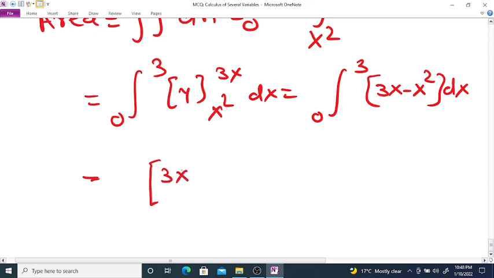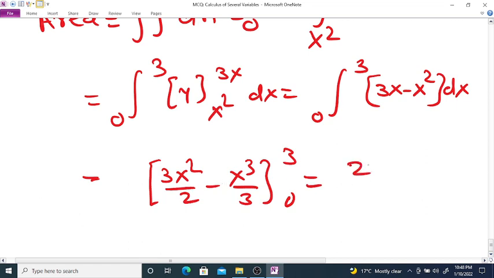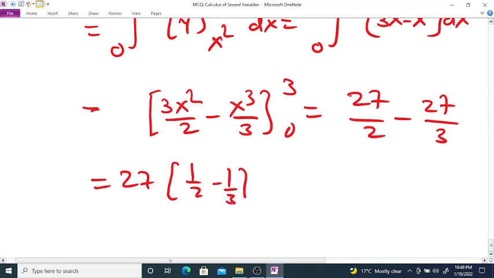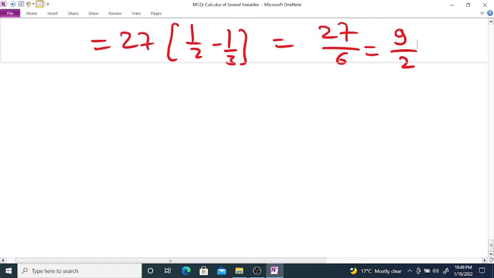So this is 3x square divided by 2 minus x cube divided by 3, with limits from 0 to 3. So this is 27 by 2 minus 27 by 3. If we take the 27 outside, it is 1 by 2 minus 1 by 3, so this is equal to 27 by 6, which is equal to 9 by 2. So this is the area of the closed region.